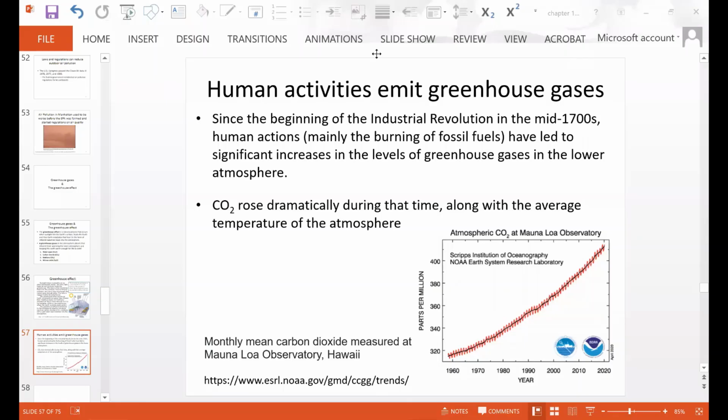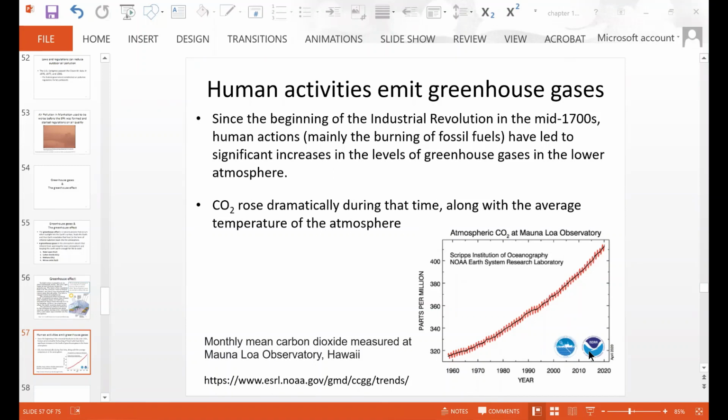Now, collection of this data started in 1958. And we could see a clear signature trend of increasing carbon dioxide with the increasing of time. And it continues increasing as time goes on.